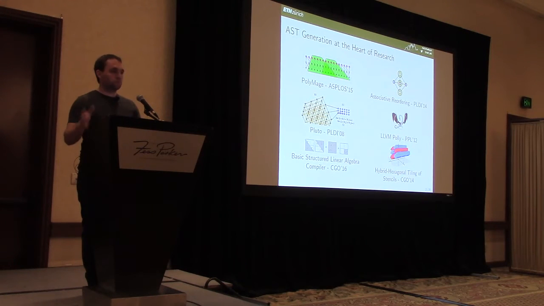There's Pluto, a very well-known PLDI paper, a very general-purpose loop optimizer for data locality and parallelism. Recently at CGO there was a new paper based on the original ideas of Spiral to derive a code generator for basic structured linear algebra. We had a PLDI paper on exploiting associativity to reduce register pressure and memory I/O bandwidth for stencils.